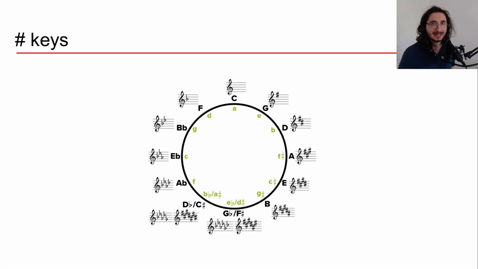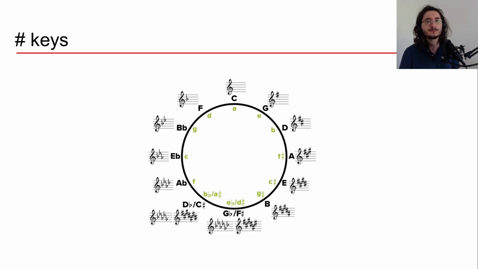So they respect all the ideas that come with a key: the idea of a tonic that provides you with rest, and other notes that provide you with more tense moments in the music.